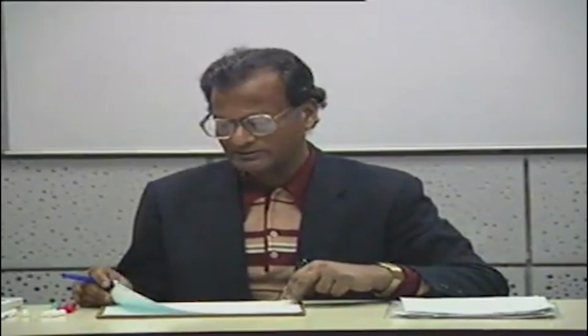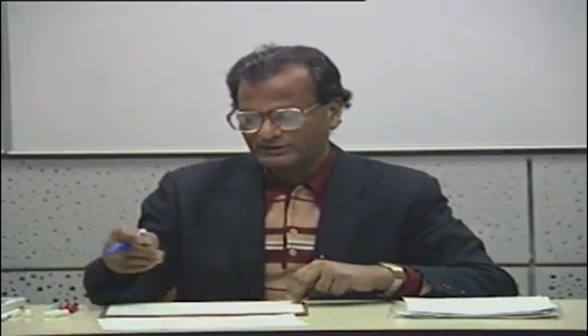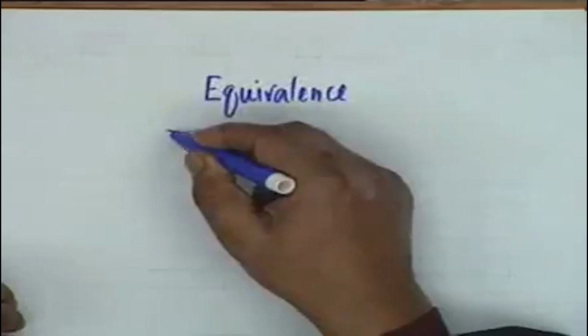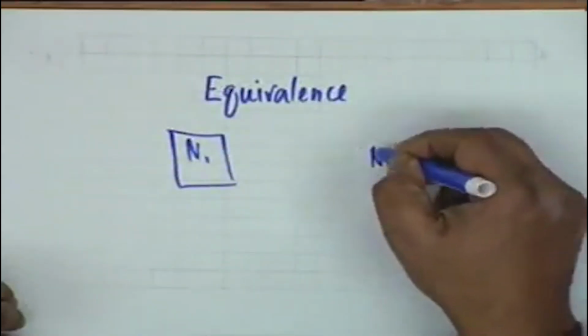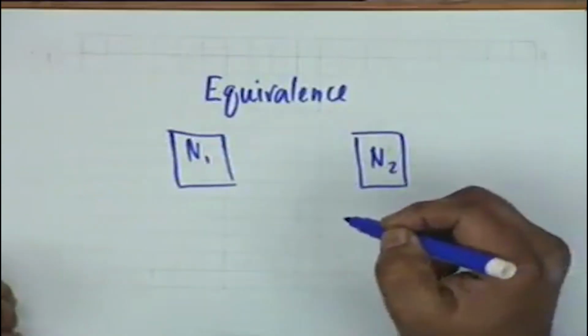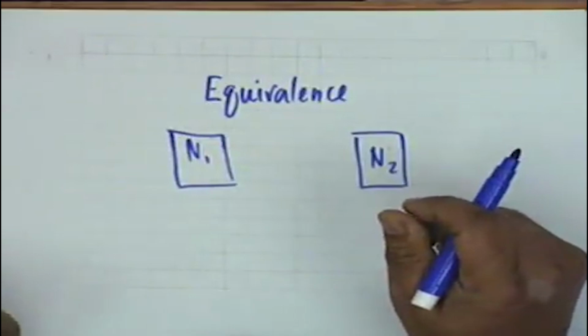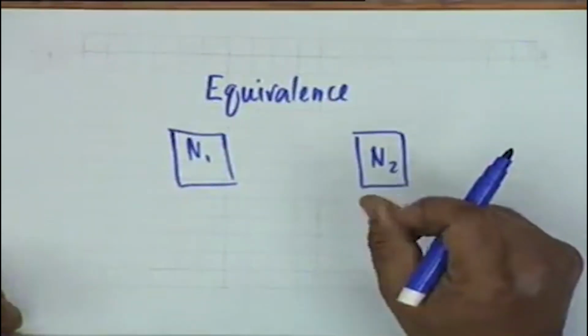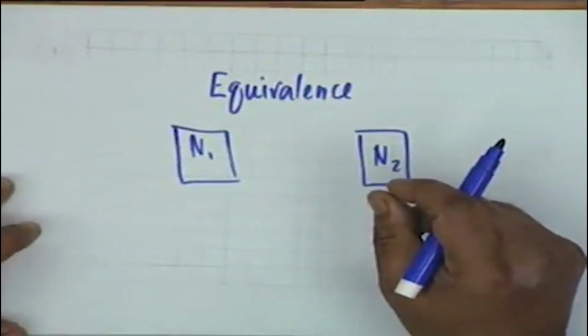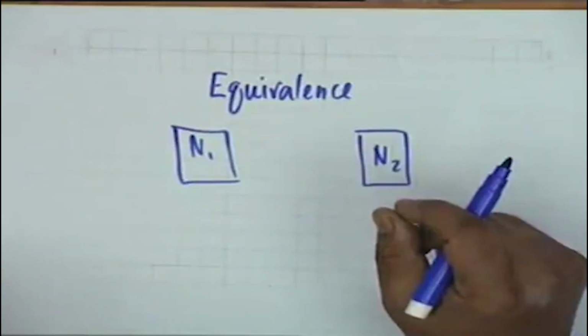Both of these theorems, Thevenin's and Norton's, have something to do with equivalence of networks. That is, two networks N1 and N2 are said to be equivalent if their terminal behaviors are the same.